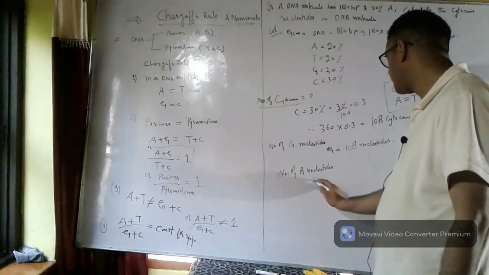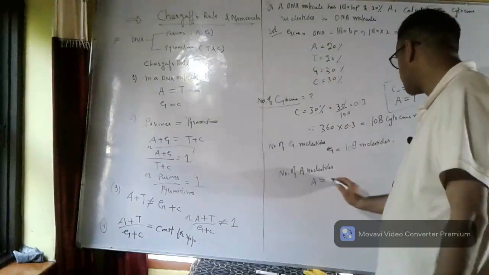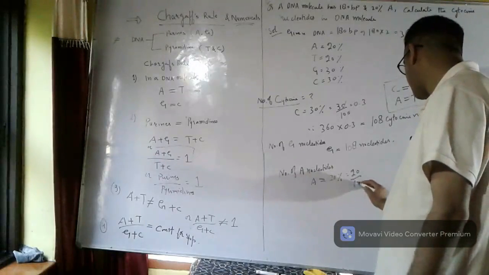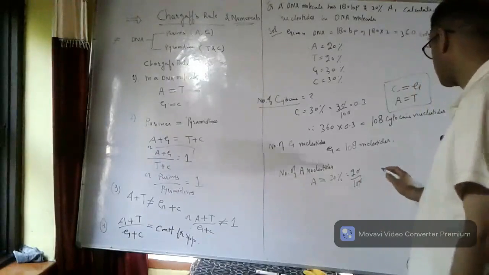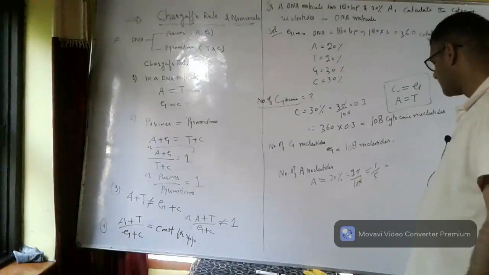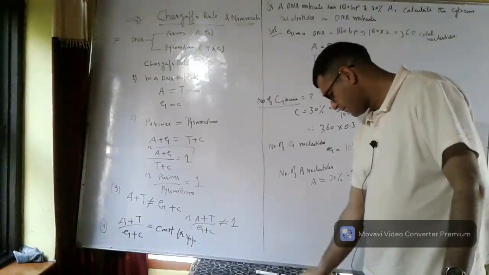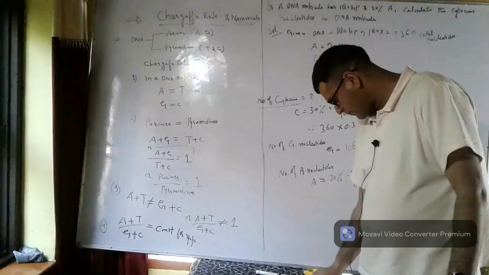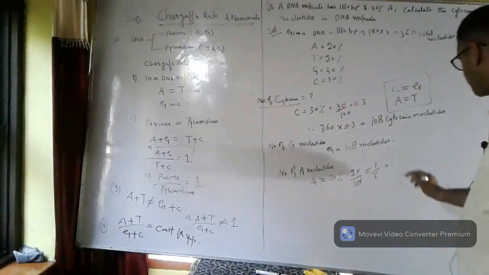Adenine, A, is equal to 20%. That means 20 by 100, which is 1 by 5, that is 0.2.